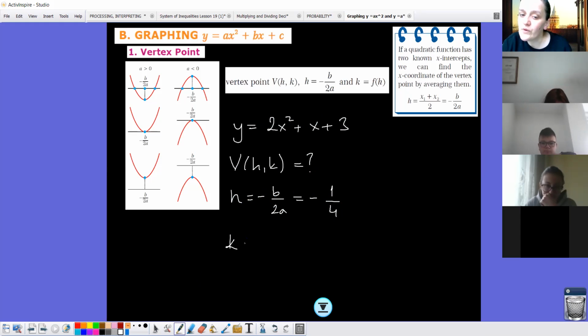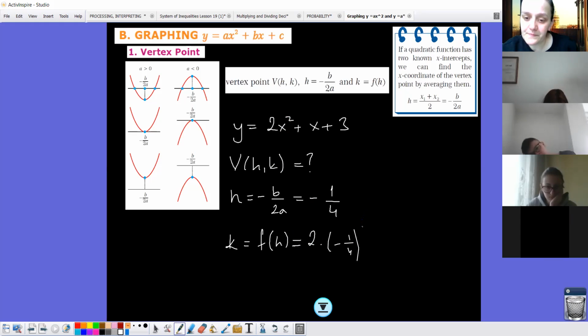To find k, what I will do, f of h. What does it mean? Instead of x, I will write the h value. So it will be 2 times minus 1 over 4. Do you understand what I wrote here? Yes, the function, right? Yes. Y is the function, and h is the x of the function.